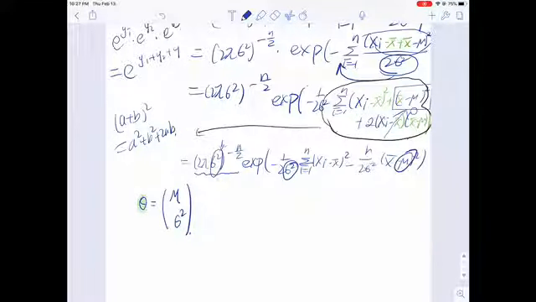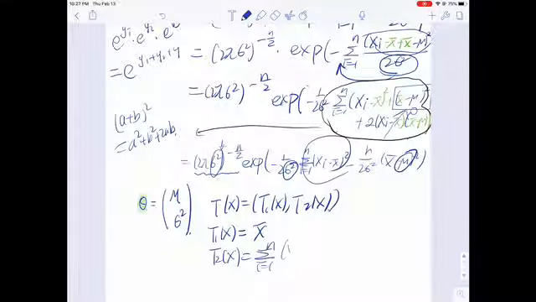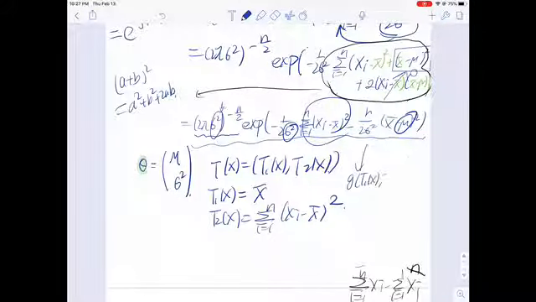Let's propose T of x with two dimensions: T1 of x to be x bar, and T2 of x to be the other term right here, the sum of (xi minus x bar) squared. Then this whole thing is a function of both T1 of x and T2 of x.